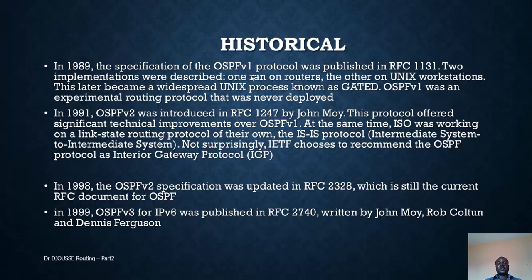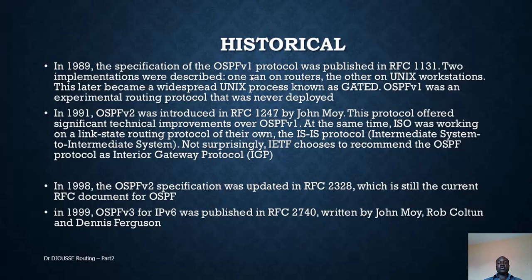Open Shortest Path First version 1 was an experimental routing protocol that was never deployed. In 1991, Open Shortest Path First version 2 was introduced in RFC 1247 by John Moy. This protocol offers significant technical improvements over Open Shortest Path First version 1.